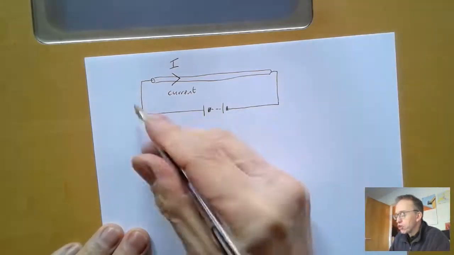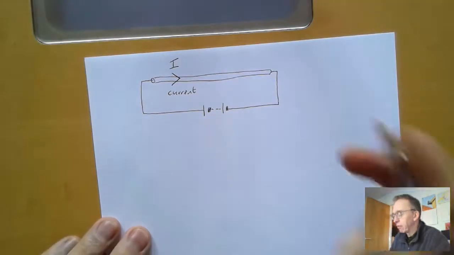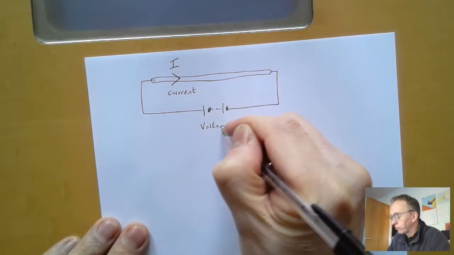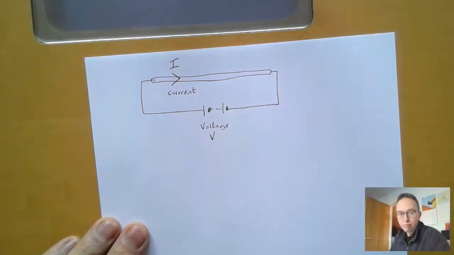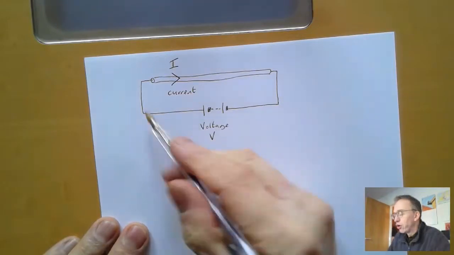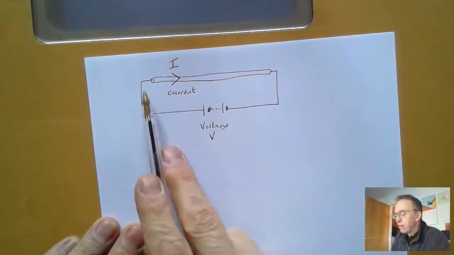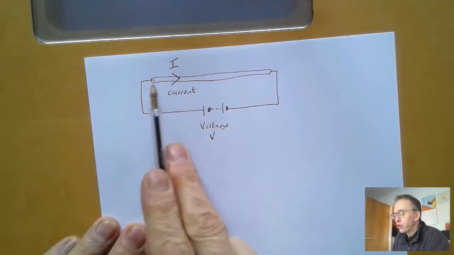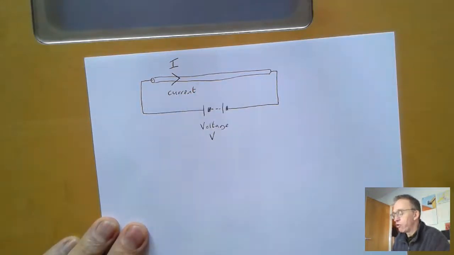Now, the push that the battery supplies, we call that the voltage, big V. And we said that voltage is basically the push of energy that the battery gives to the electric charge, to the electrons, to make them flow through the conductor.